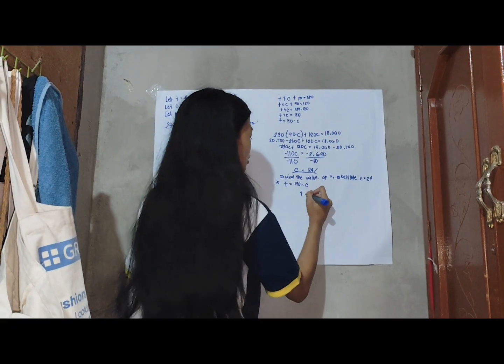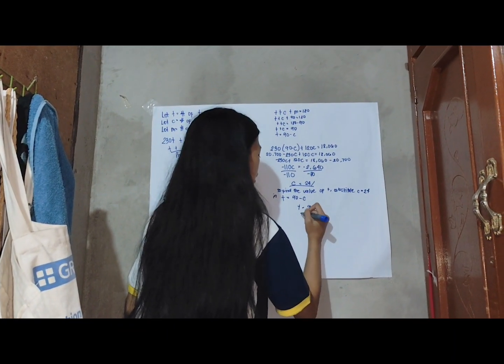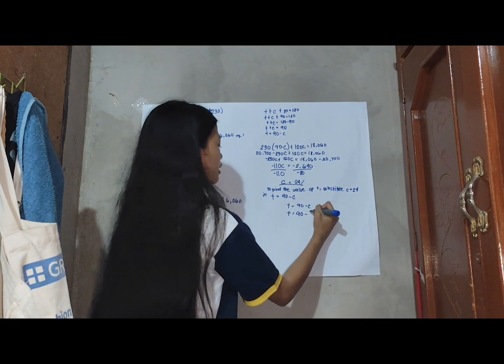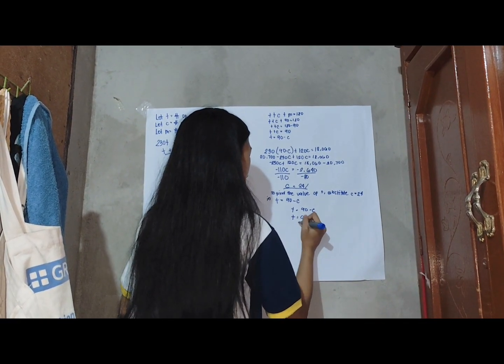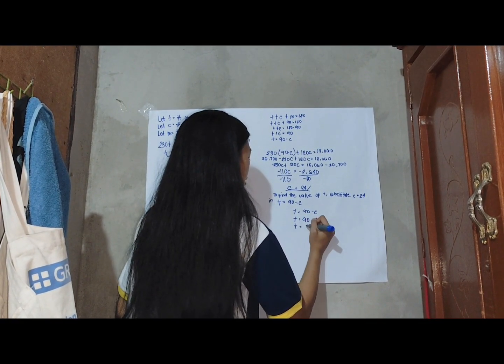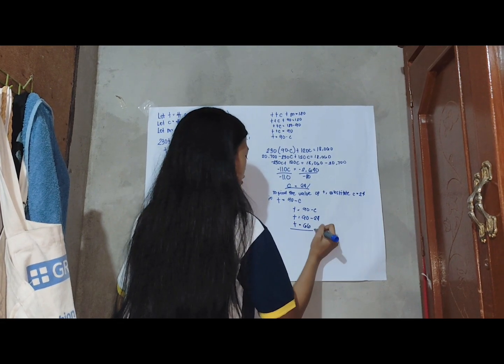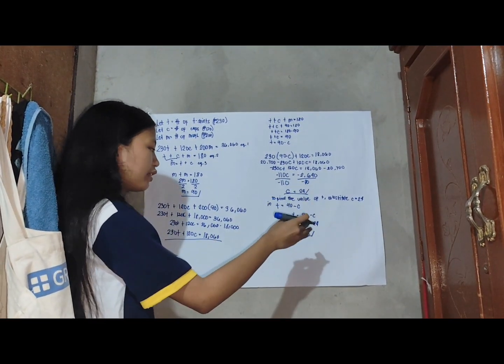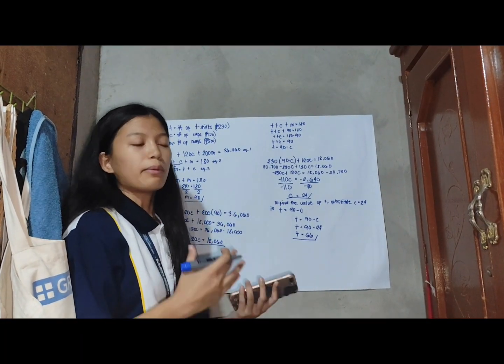So t is equal to 90 minus 24, and that is 66. So t is equal to 66. So now we have the value of m, the value of c, and the value of t. Now we can do our conclusion.